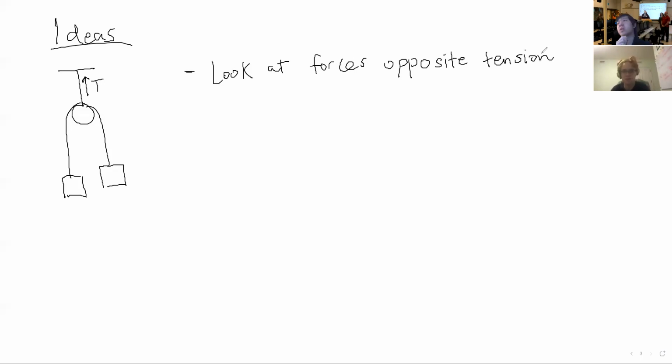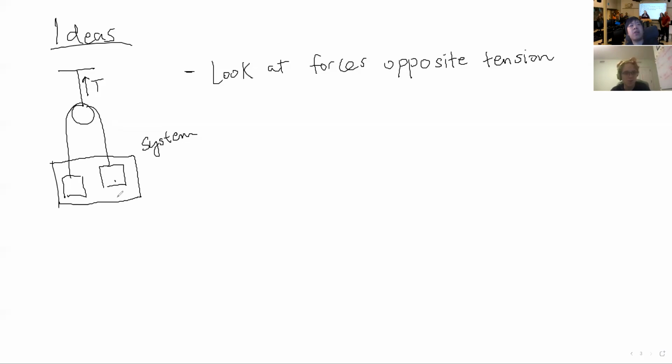Okay, no, first of all, what is the system that you chose in order to analyze the forces? Two boxes, okay. So if we take the system to be our two boxes, then what forces are acting on the two boxes?